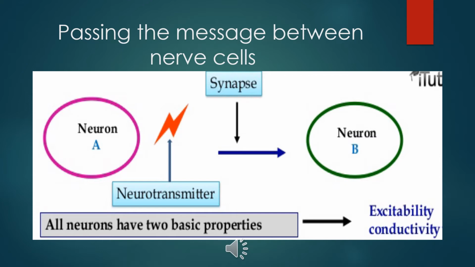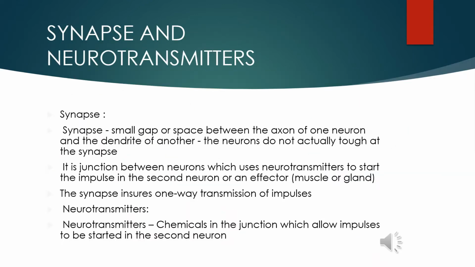When an impulse moves along one nerve cell, it releases a chemical that diffuses across the synapse and stimulates the other nerve cell.